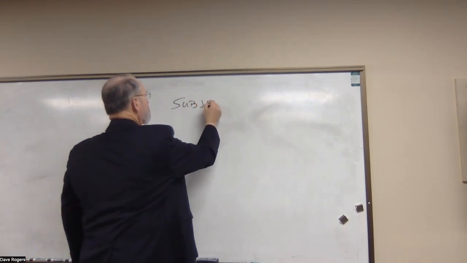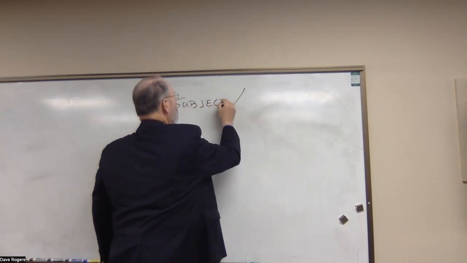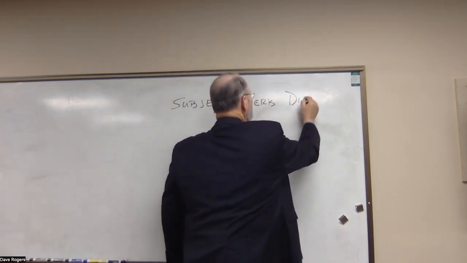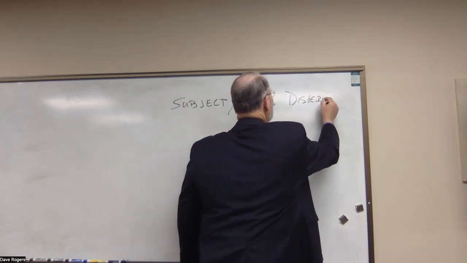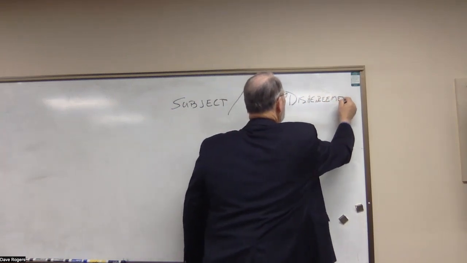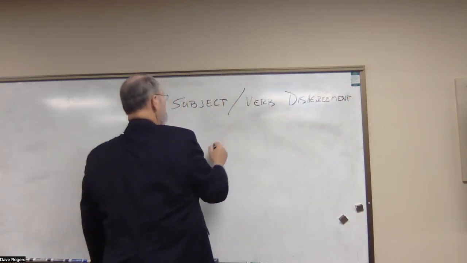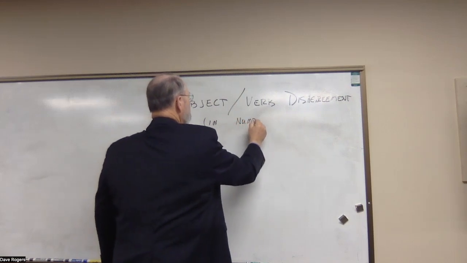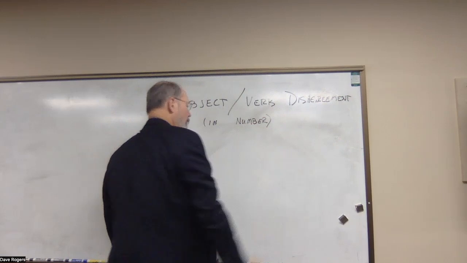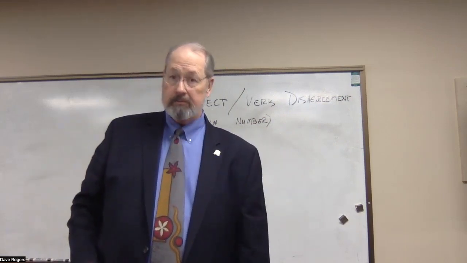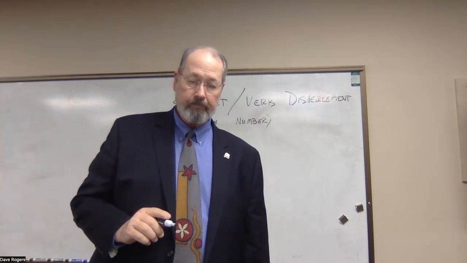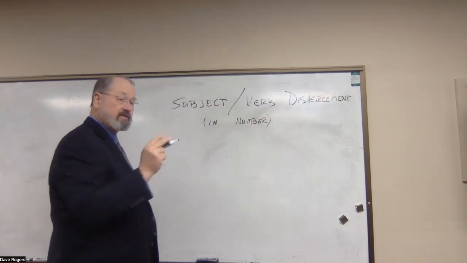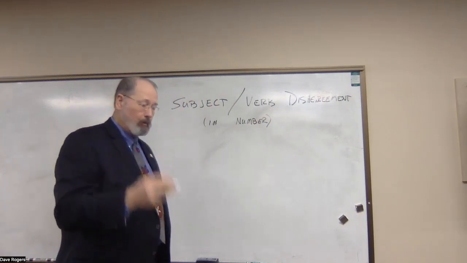Subject, verb, disagreement in number. What is number in this case? You have two kinds of number in grammar.